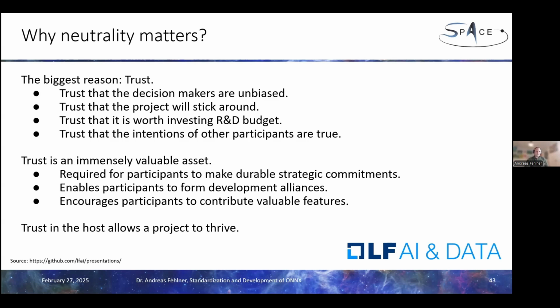And also for other companies, it's now safe to invest R&D budget into the standard because they know they can use it afterwards. There's no license change because it's not controlled by a single company. And so trust is an immensely valuable asset.